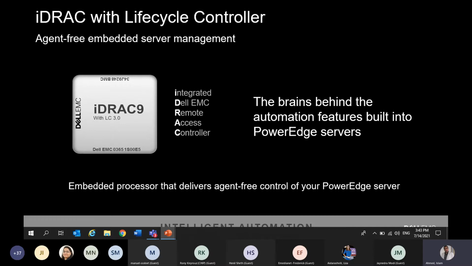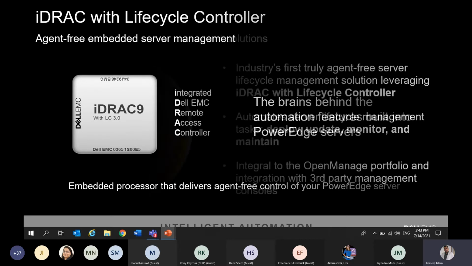Others may have something similar, but not with all the features and not for free. This is agent-free embedded server management. It will help you automate the whole lifecycle of the server. Actually, it's like an embedded processor that gives you control of your server.